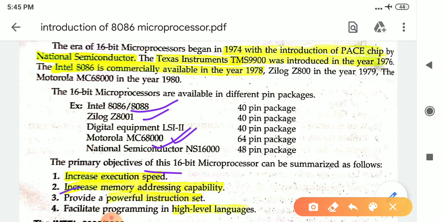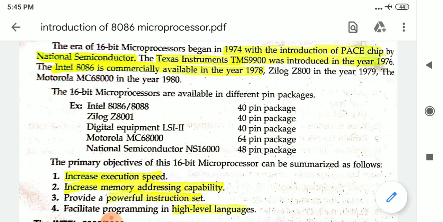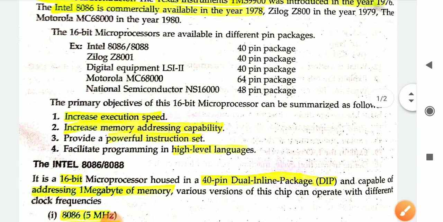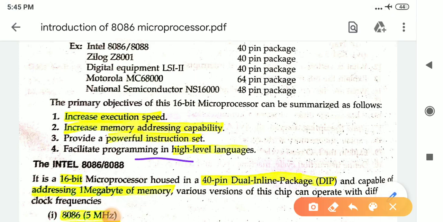Second is increased memory addressing capability. It also provides a powerful instruction set over the 8085 microprocessor. And the fourth primary objective is to facilitate programming in high level language. So the 16-bit microprocessor 8086 facilitates programming in high level language.